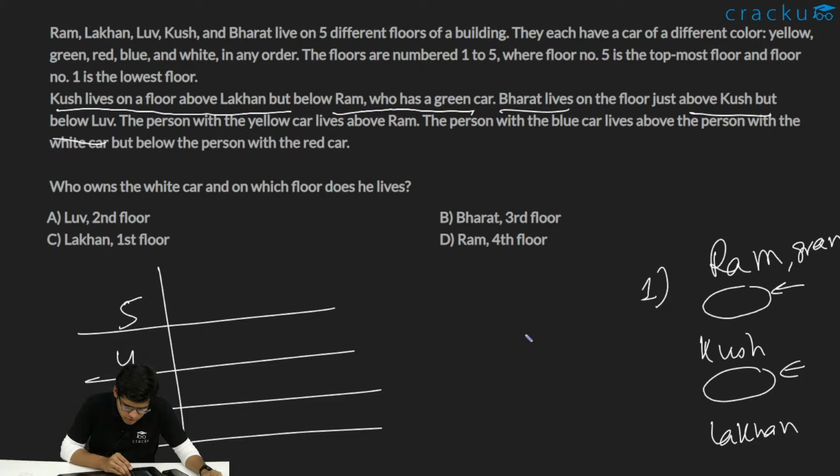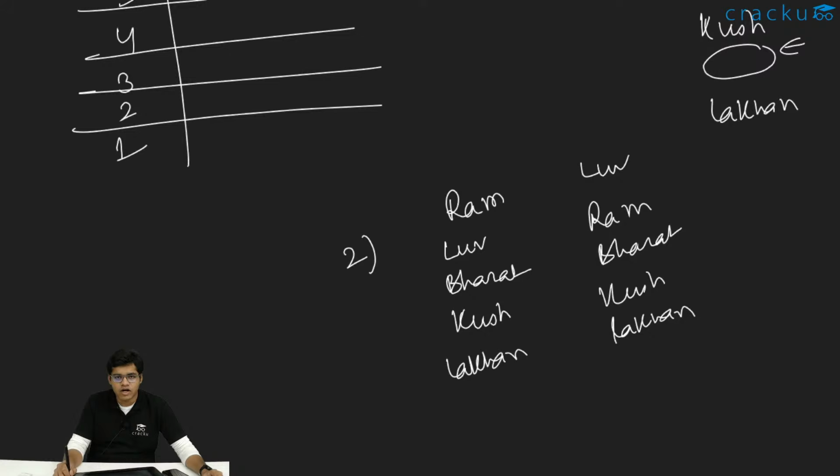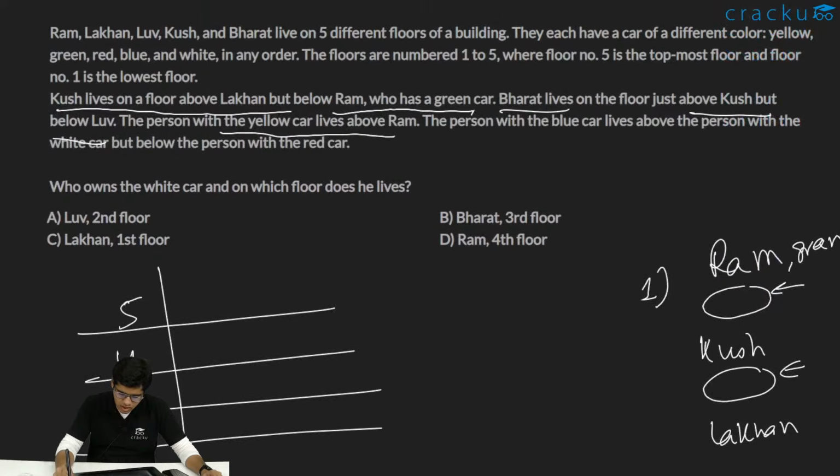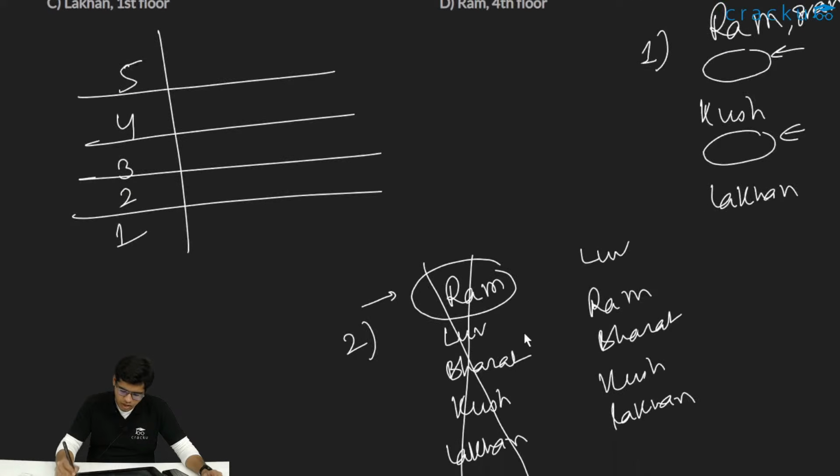The person with the yellow car lives above Ram, means there is a person above Ram, means for Ram it is not possible to live on the topmost floor. So we can cancel this out, which means Love is having the yellow car. Ram, we already know, is having the green car.